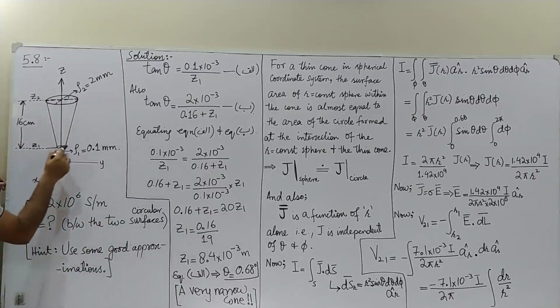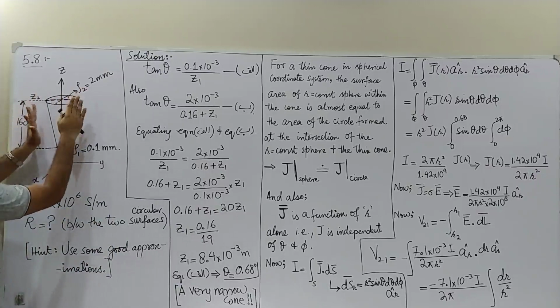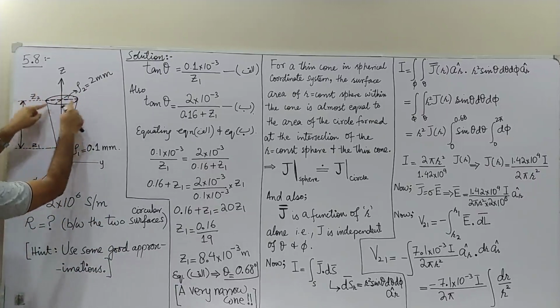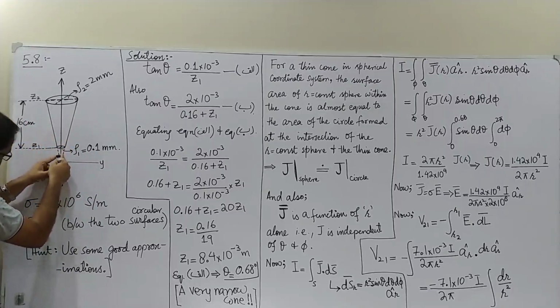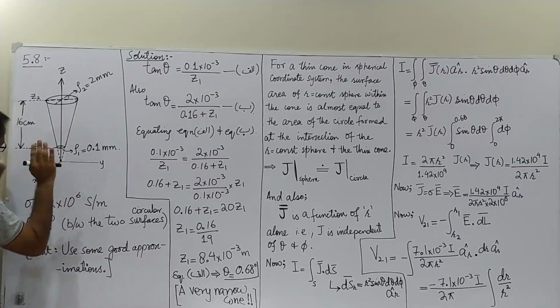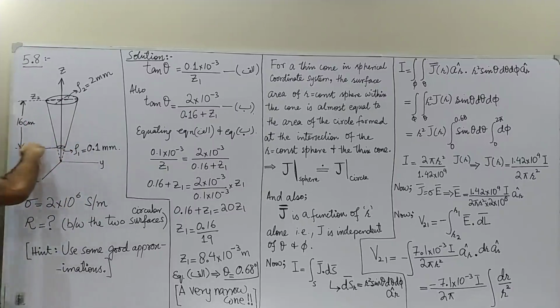If we truncate this cone from the lower side, it would start from the origin. But since it has been truncated from bottom and top, we have to do it like this.